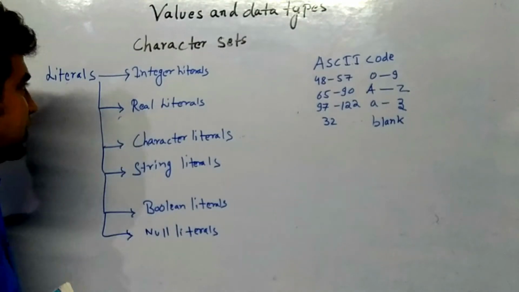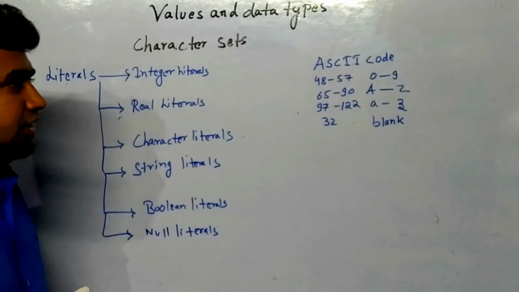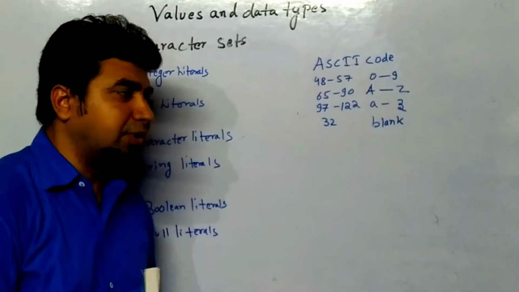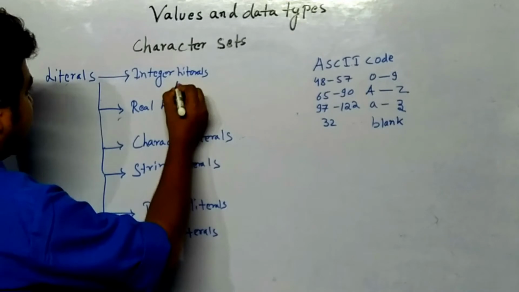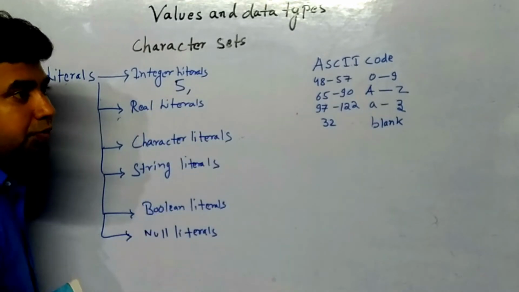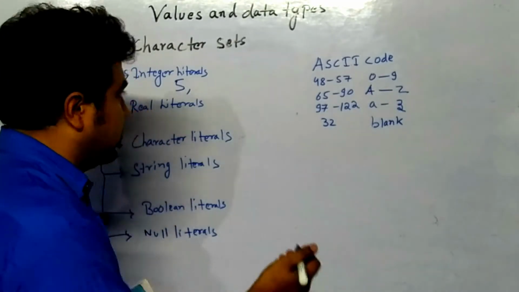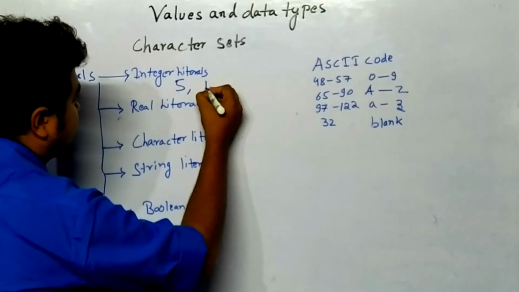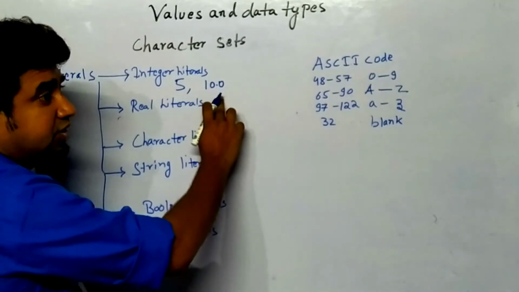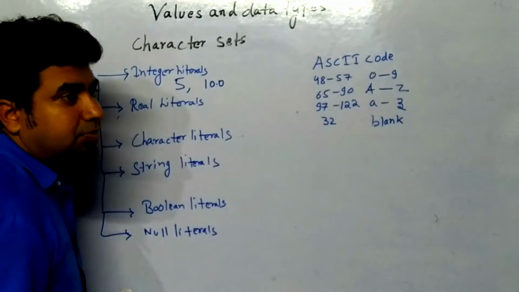Literals are basically, you can see, integer literals. Integer literals means it will not have any fractional part, like this 5 here I am writing. So it is not having any decimal part like 5.25 or 5.0. If it is like 10.0, then it is not an integer literal, because it is having a decimal part.